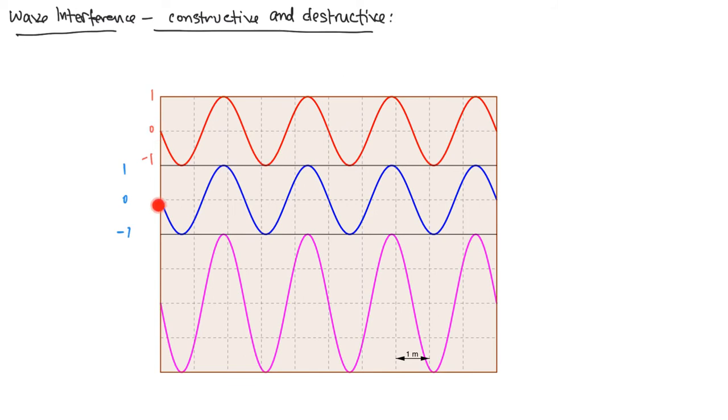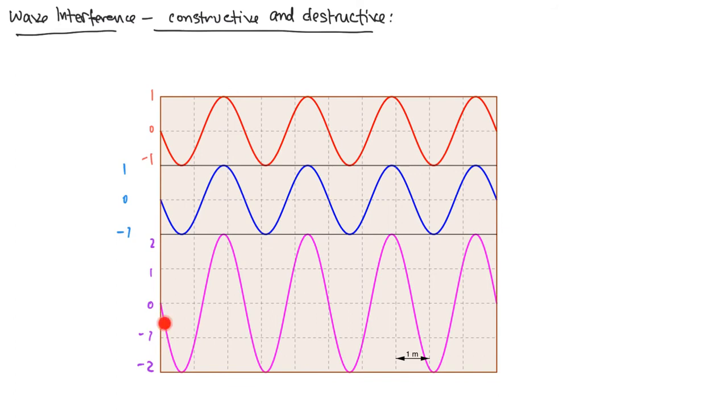Then here we have 0 plus 0, which gives 0 in pink, or purple I'll make it. And when we're down here, it's -1 added to -1 gives me -2. 1 plus 1 is 2, and so on. So the pink is literally just the sum of red and blue.